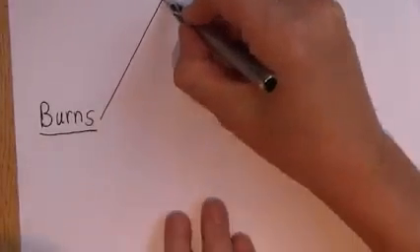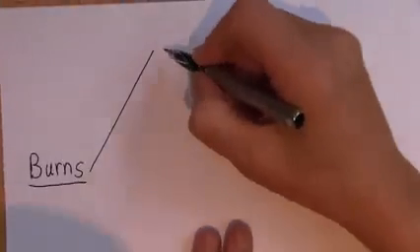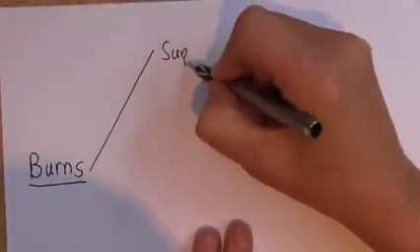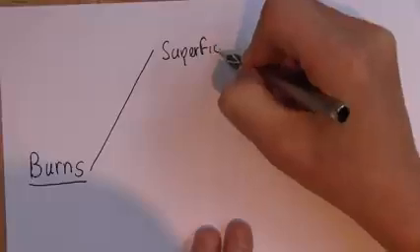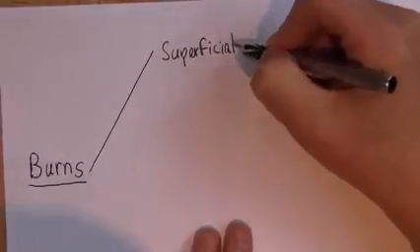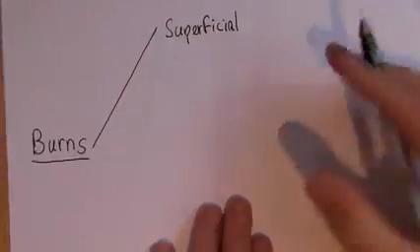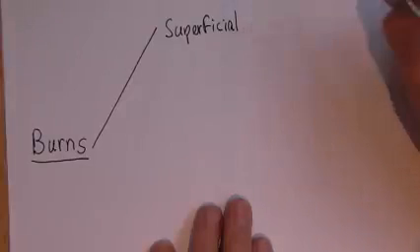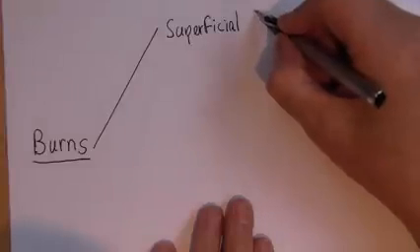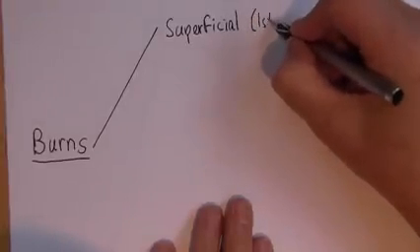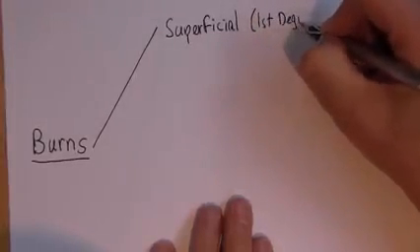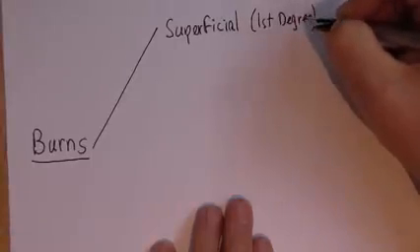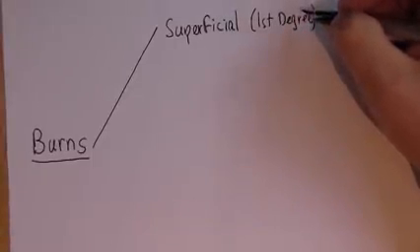Now, burns can be superficial, just involving the top part of the skin, just involving the epidermis. And these are sometimes called first-degree burns. So they can be superficial burns.